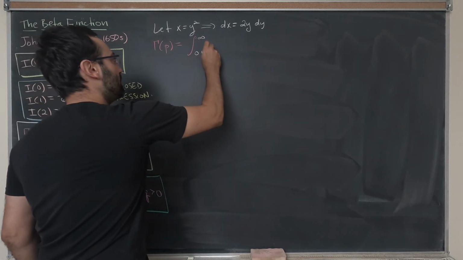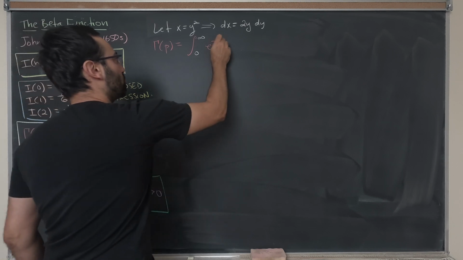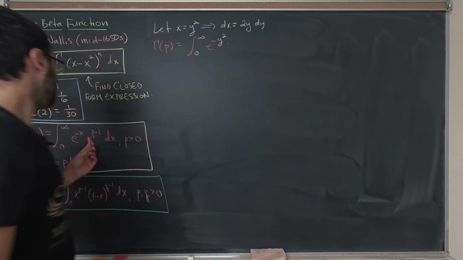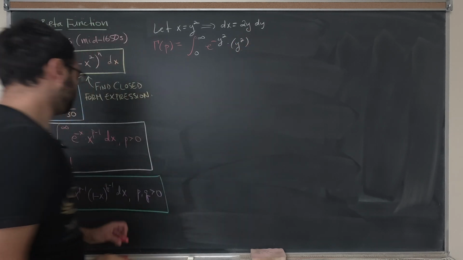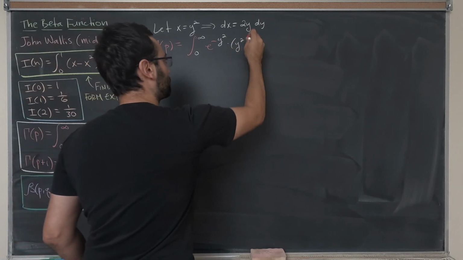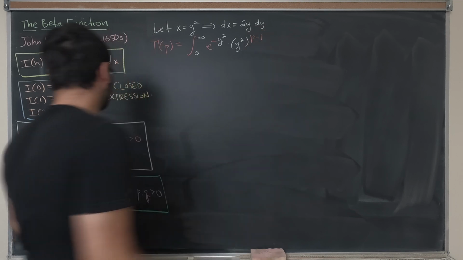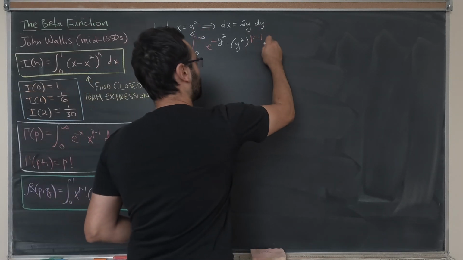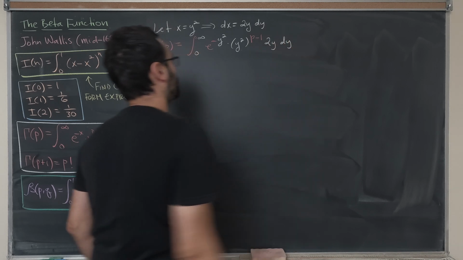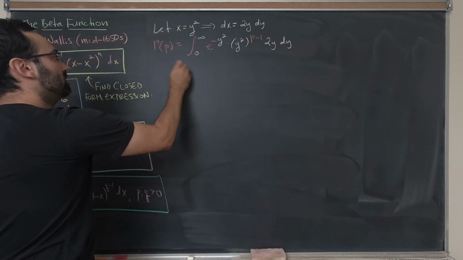Then we have e to the minus x, which is y squared, times x to the power p minus 1 dx. But dx is 2y dy. Okay, great. So what does this leave us with now?